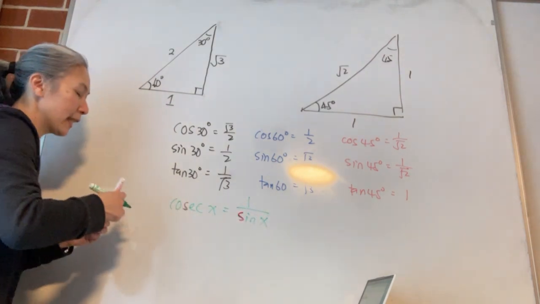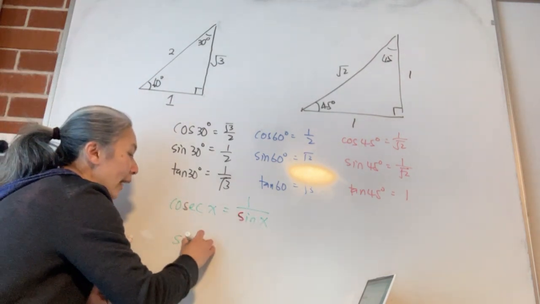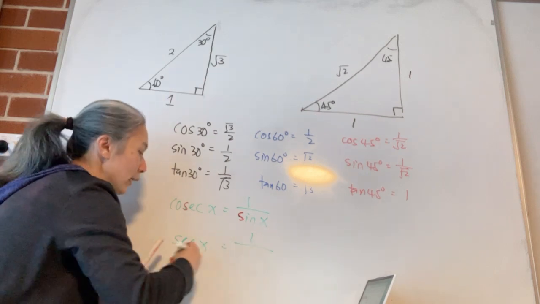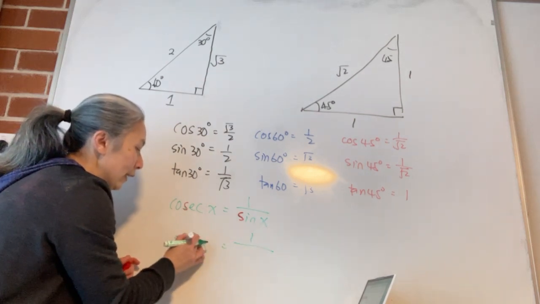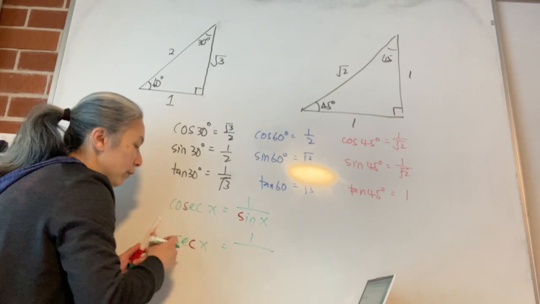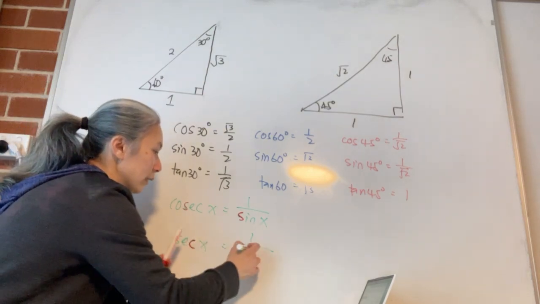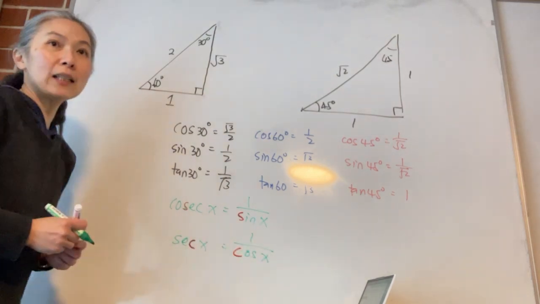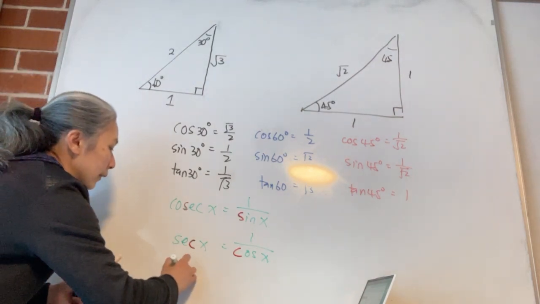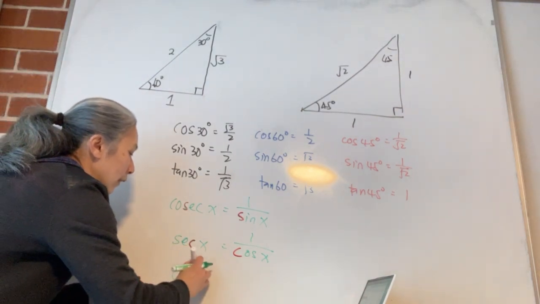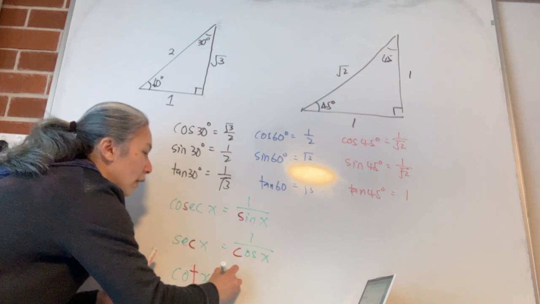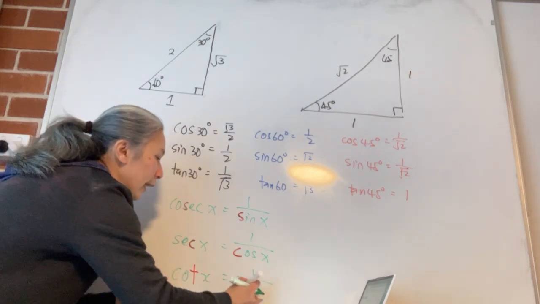And if I ask you what is sec x, you write it as 1 over, the third letter is a c. That means it is cos x. And the last one is cot, 1 over tan.